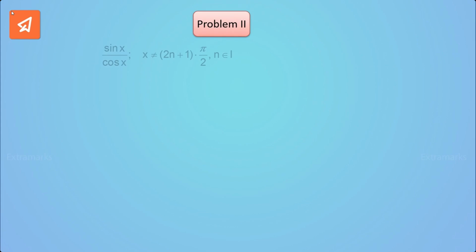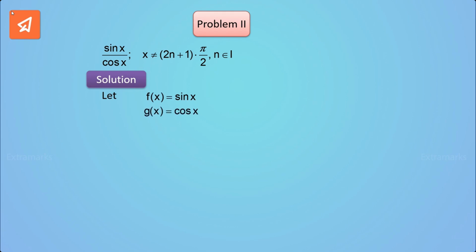Second, sin x upon cosine x, where x is not equal to 2n plus 1 times pi by 2 and n belongs to integer. Let f of x equal to sin x and g of x equal to cosine x, defined for x not equal to 2n plus 1 times pi by 2 and n belongs to integer.